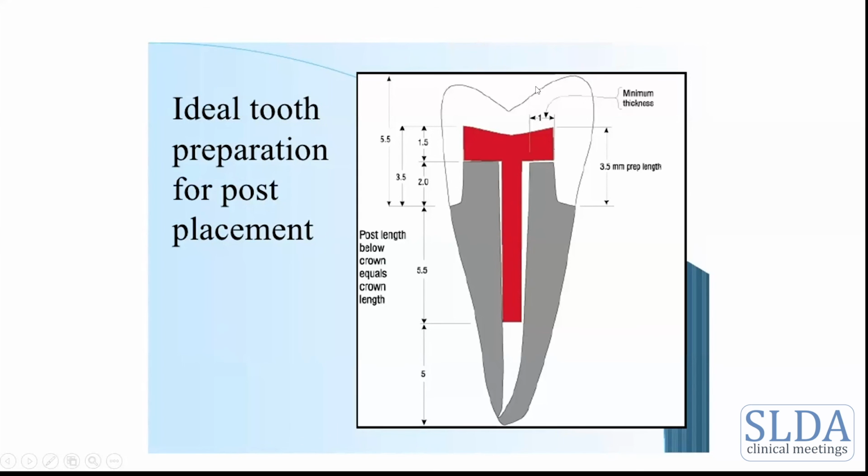So when you decide on post placement, you have to consider these factors. The longer the post inside your canal the better, but you have to leave at least 4 to 5 millimeters, and when you decide the length, it should exceed your crown height.